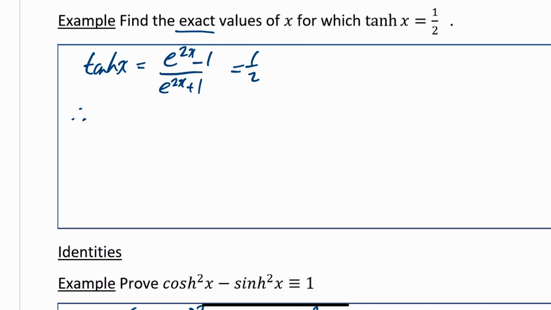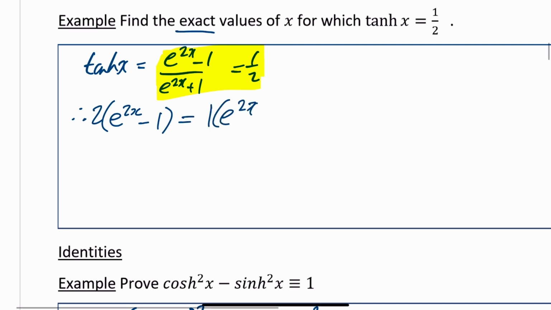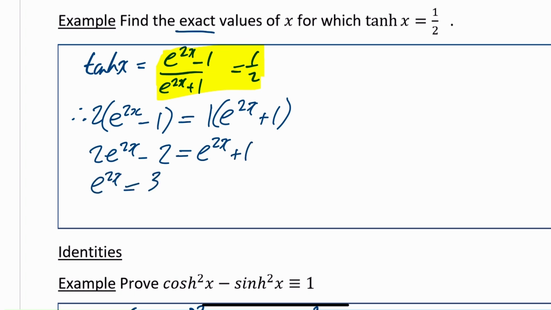So what we're going to do is, from this bit, a wee bit of cross multiplying. So we're going to say 2 upon e to the 2x minus 1 is equal to 1 upon e to the 2x plus 1. And then just multiply out, that's 2e to the 2x minus 2 is equal to e to the 2x plus 1, which means e to the 2x is equal to 3.